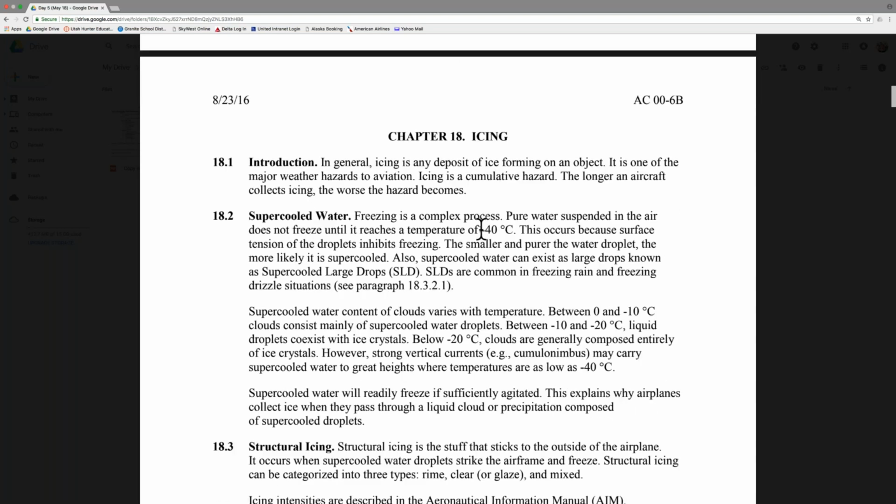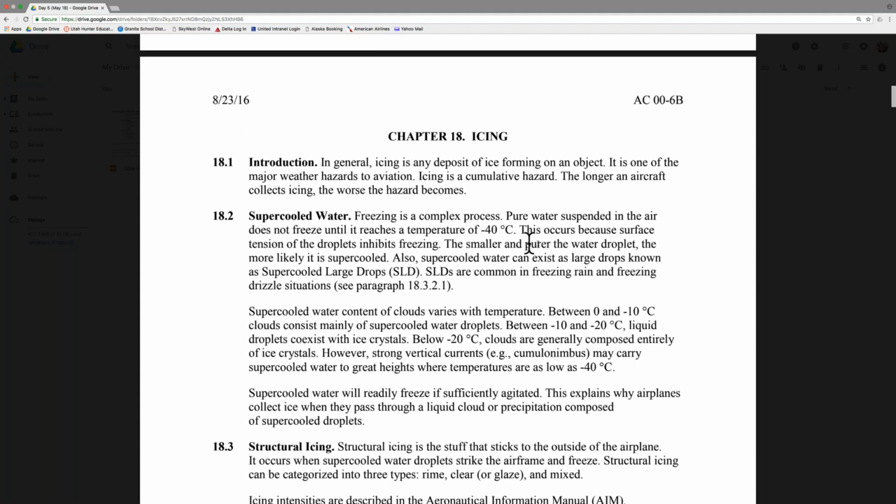So supercooled water. This is like the water bottle trick that I was talking about, where you take a water bottle that's sat in the freezer for a certain amount of time, and you dump it onto a plate, and it turns to ice before your eyes.